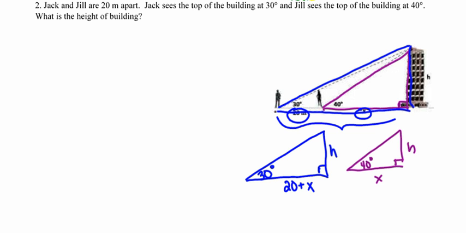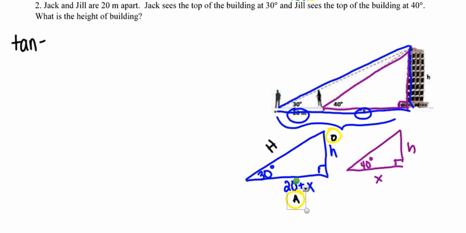So again, I'm going to go label my parts with respect to that 30-degree angle. This guy's a hypotenuse, opposite, adjacent. So like the first example, the trig ratio that we want to deal with, opposite and adjacent, is the tangent ratio.